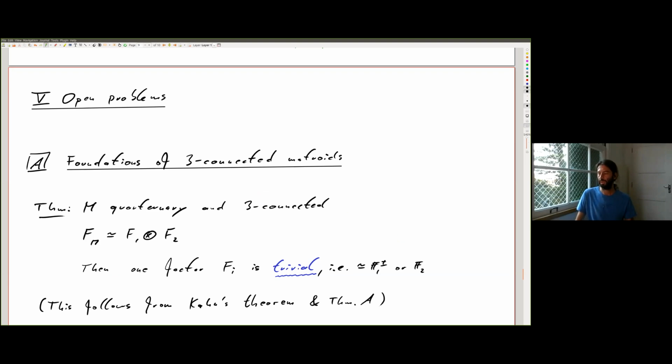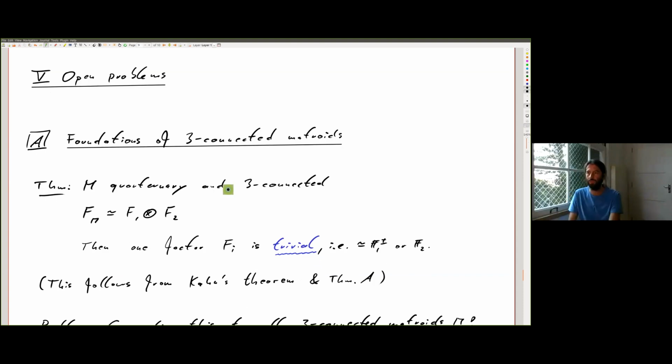This follows from Kahn's theorem about the unique representations of quaternary matroids together with theorem A. I don't derive this here, but it's easily derived.